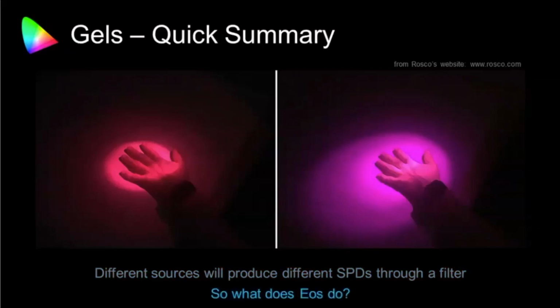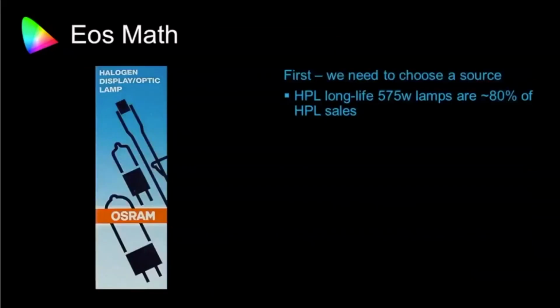So what does EOS do in this case? Well, we're trying to match an LED fixture to a gel. First, we have to choose a source, right? We have to assume what source we're going to pass through a gel. So when we started this color work many, many moons ago, the HPL long life 575 watt lamps were about 80% of HPL sales.